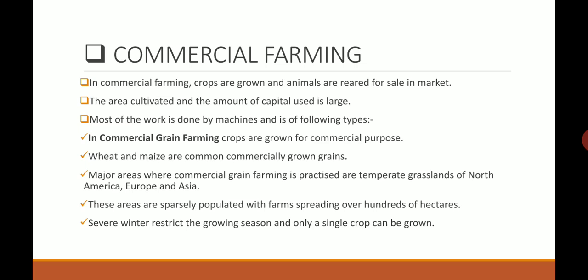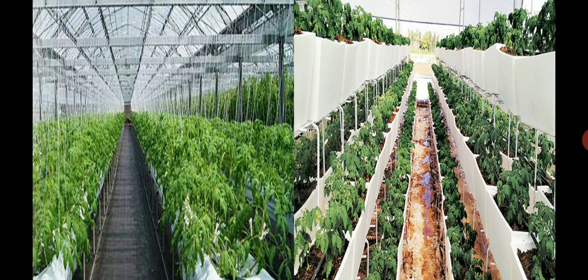These areas are very sparsely populated, and you can see big farms spread over hundreds of hectares. Winter restricts the growing season, and only a single crop per year is grown. Here on your screen you can see the modern method of commercial farming.